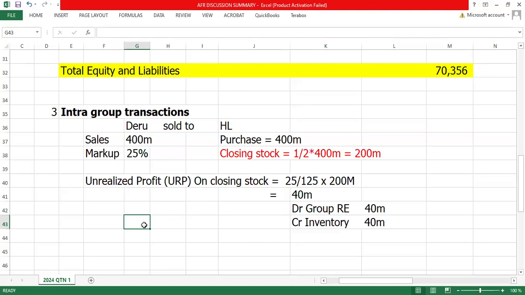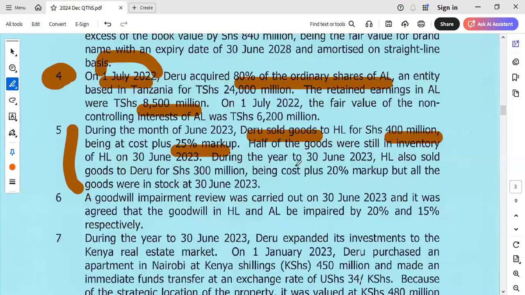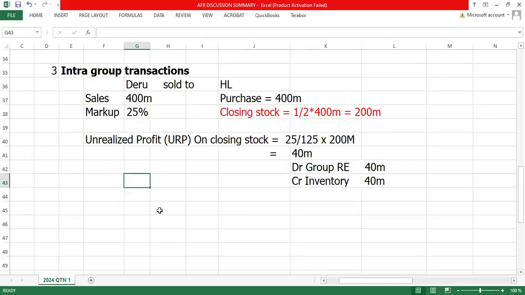Then still on the same thing, we have where they are telling us that during the year to 30th June 2023, HL, now this is a subsidiary, sold goods to Dell. Now it's a subsidiary selling to a parent. Okay, we have another transaction where HL sold to Dell, the parent.